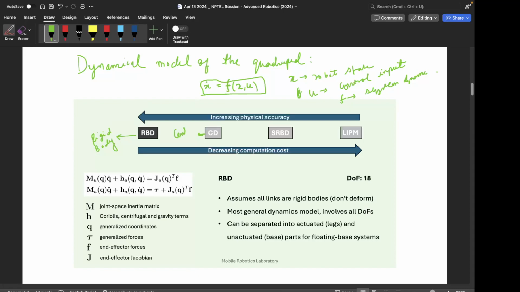The second is the centroidal dynamics. Third is the single rigid body, and fourth is the linear inverted pendulum, right?